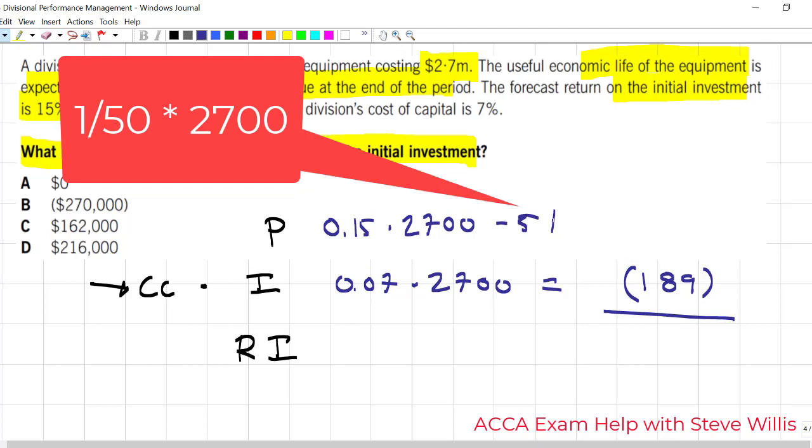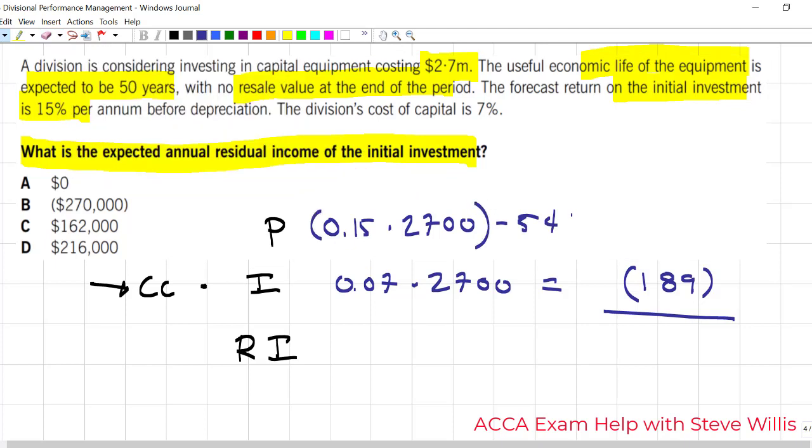So we'll subtract 54 from that. Let's put this in brackets. And the profit then would be 351, okay, per year. So the residual income is 162. Answer, everybody, is C.